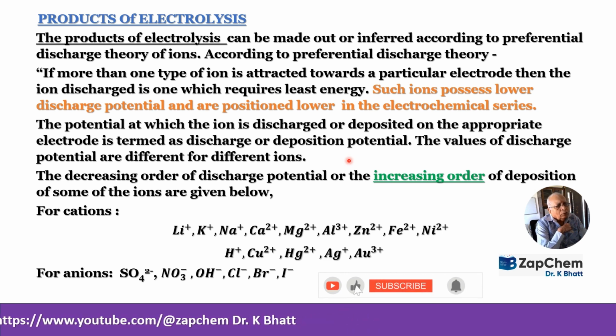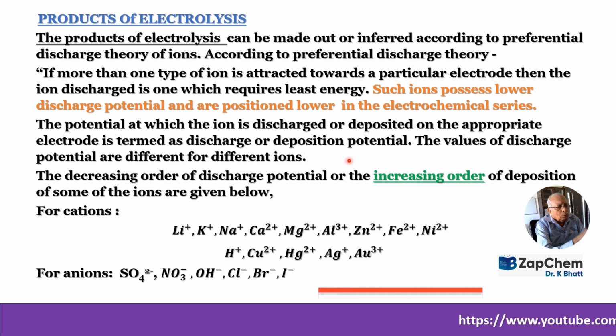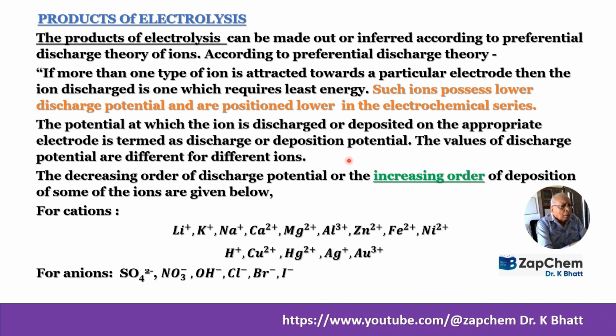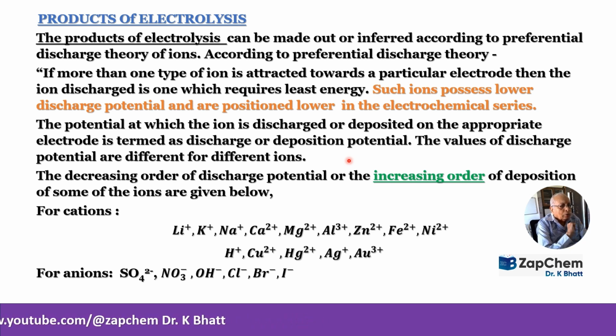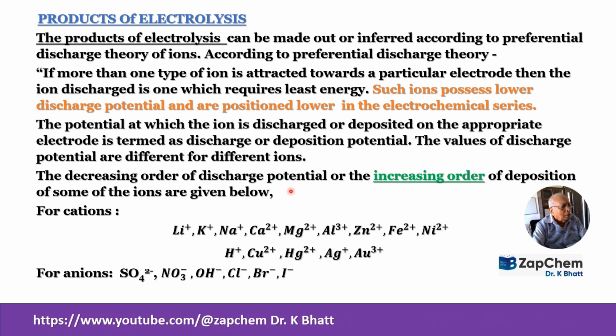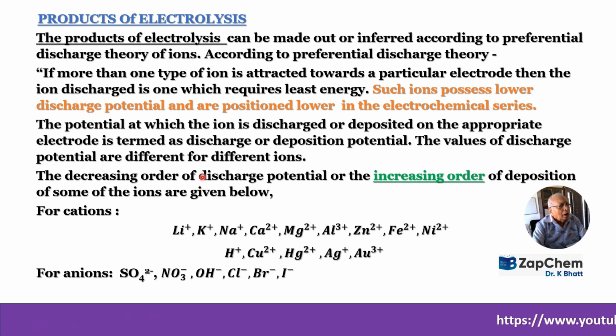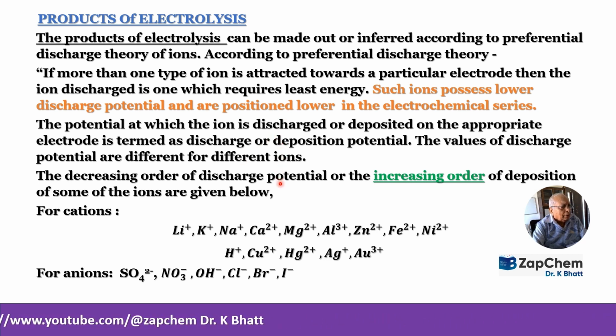Now, in this case, what will happen? There would be a competition between the two cations and a competition between the anions to move towards the opposite electrodes. Now, here, the one which has the lowest discharge potential, or what we call deposition potential, will discharge first, move towards the cathode and get separated.